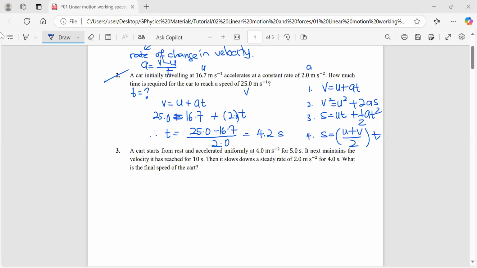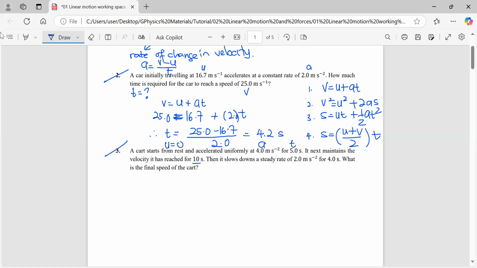So let's go to question number 3. A cart starts from rest and accelerates uniformly at 4 meters per second squared. This is the acceleration. It starts from rest, meaning my initial speed is 0, for a time of 5 seconds. It next maintains the velocity it has reached for 10 seconds.